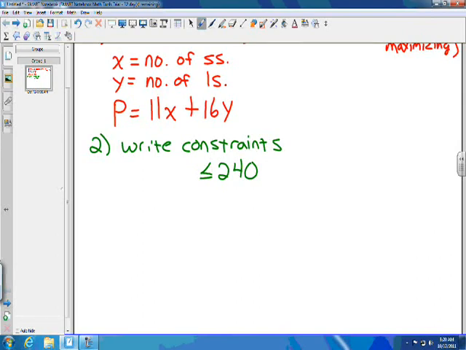Probably convert it. You can do it either way, but I'm going to do it in minutes. But they have to be the same, either minutes or hours. So the 30 minutes for one short sleeve, so 30x plus how many minutes for a long sleeve?